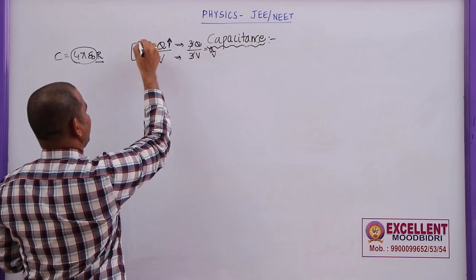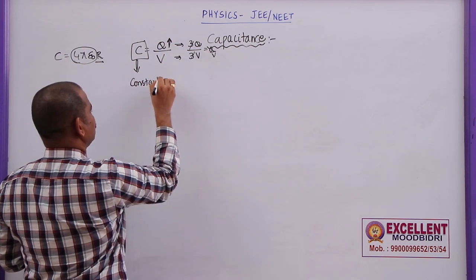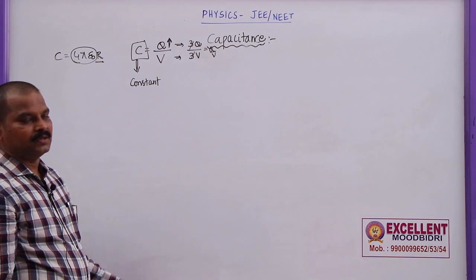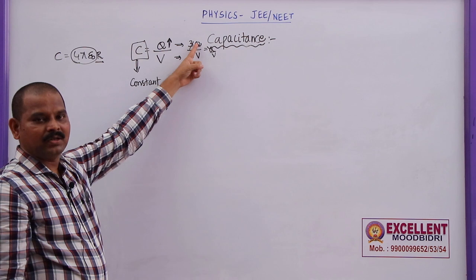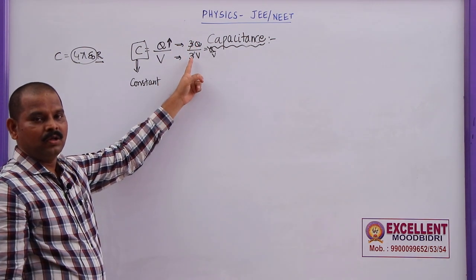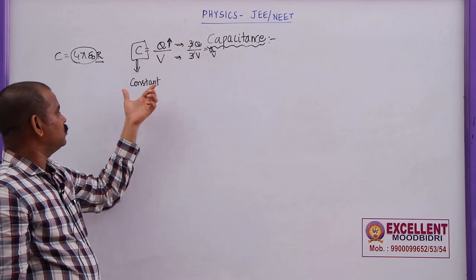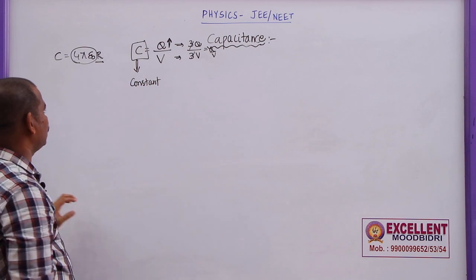That means the capacitance is constant irrespective of the charge and the potential difference. These two are directly proportional to each other. Whenever charge is tripled, potential also increases by 3 times, so the capacitance of that body remains constant.